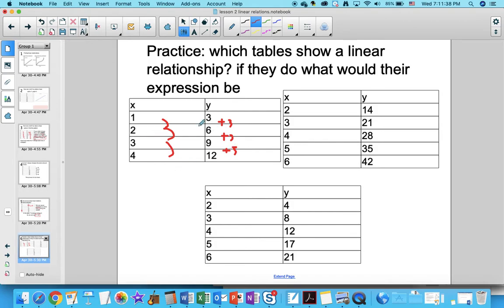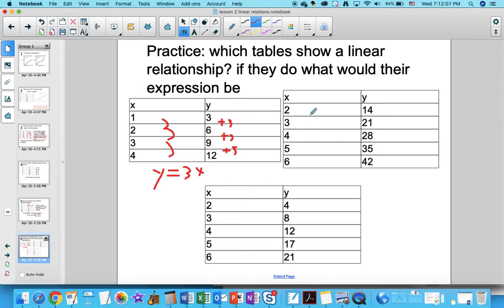This data shows me that y is always 3 times x. 1 times 3 is 3, 2 times 3 is 6. So you could use the same expression from the previous data table for this data table: y equals 3x. If x is 4, 3 times 4 is 12. So we proved it's linear, and we got the expression.